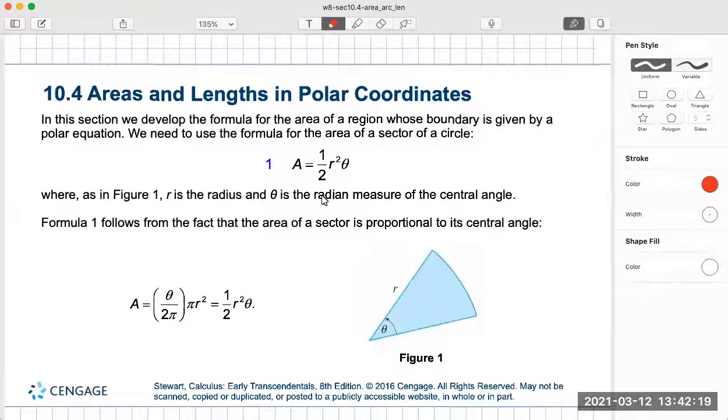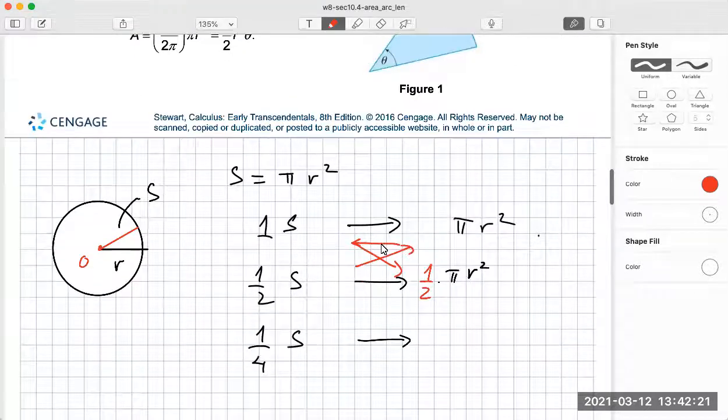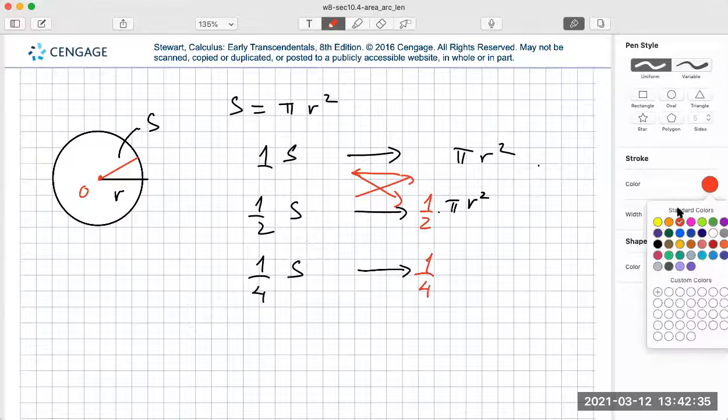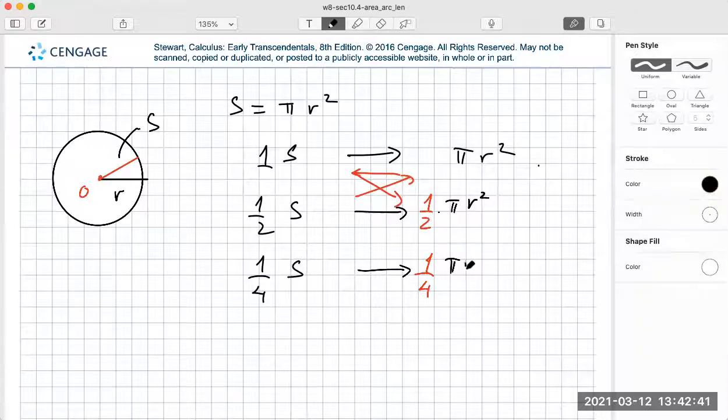Okay, in this chapter, we do this. And the same story. How about 1/4, a quarter of this area? What is the area of that? Same things, right? It will be 1/4 of, we multiply this guy here, pi r squared divided by this guy, give us this, right?